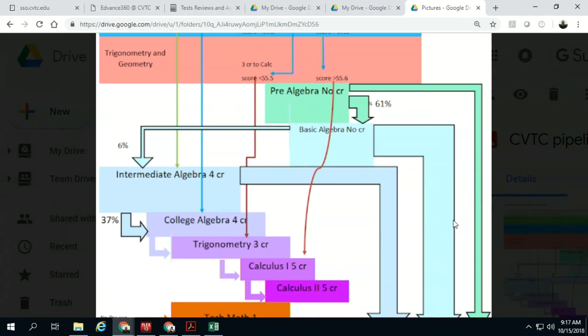What's neat is 37% of the students go into college algebra after taking this class. Those who succeed best are those who do it next 8 weeks. Those who wait until January or the following fall to take it don't have quite as high a success rate. Any ideas why? It's fresh.